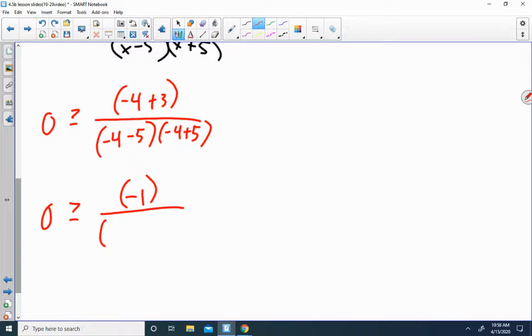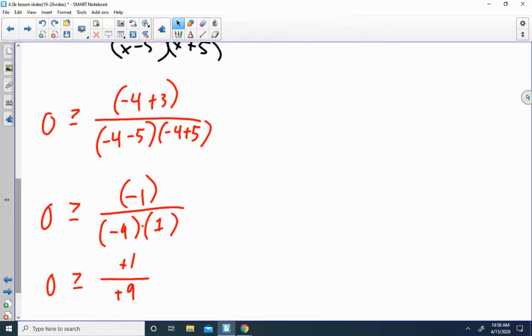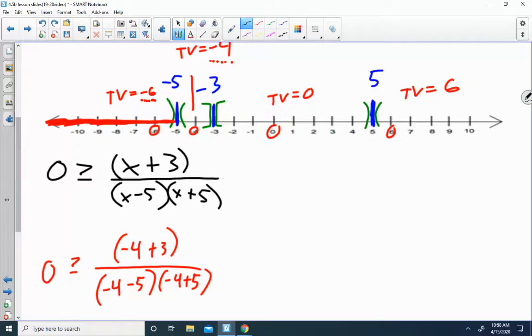On bottom we're going to have -9 times 1, which is -9. And two negatives divided makes a positive. So, is 0 bigger than a positive fraction? No, it is not. 0 is not bigger than anything that's positive. So that is false. So the second interval is a flop.